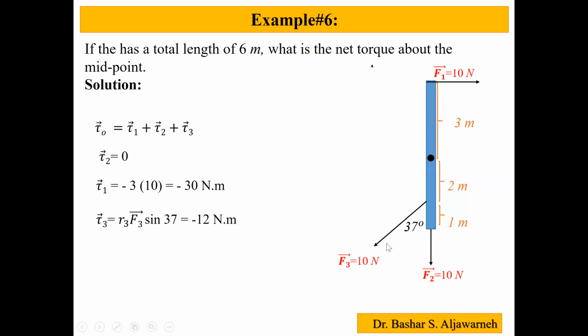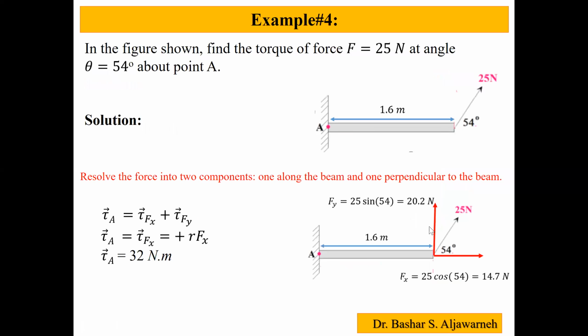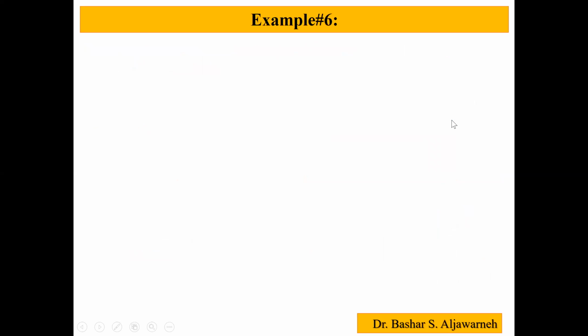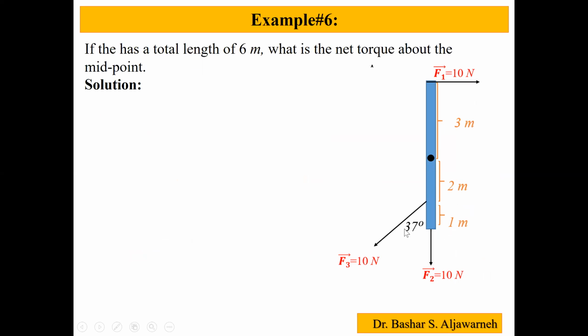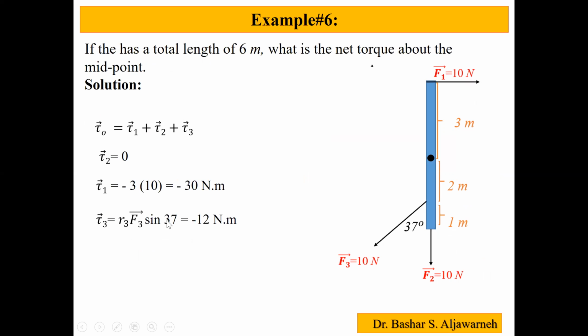For torque due to F3, this one is the same as the previous example. Since the force is not parallel or perpendicular, and we have an angle, you have to resolve F3 into two components: one along the y-axis, which is parallel to R, so this will give you 0 torque, and one perpendicular to R, which is along the x-axis, and this will give you R3 F3 sine theta, sine 37, and the rotation is clockwise, that's why it's negative.